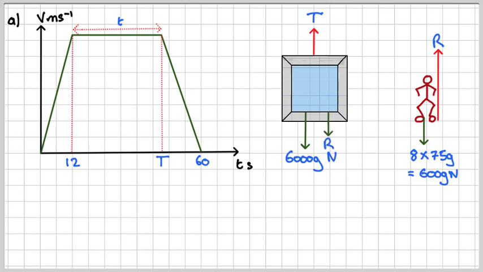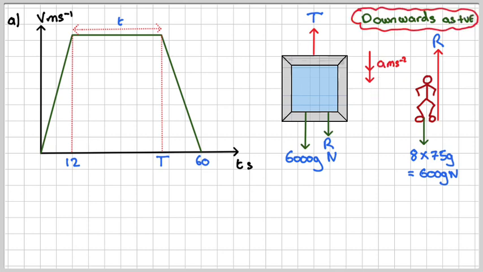Now, making equations of motion, which is another important thing, so set this out very carefully. We've got the acceleration acting downwards, and we're going to take downwards as positive in this question. So in the lift, we've got going downwards 6,000 G plus R newtons, and then against it we've got the tension, and that's equal to the mass of the lift times acceleration, which we'll call equation 1.